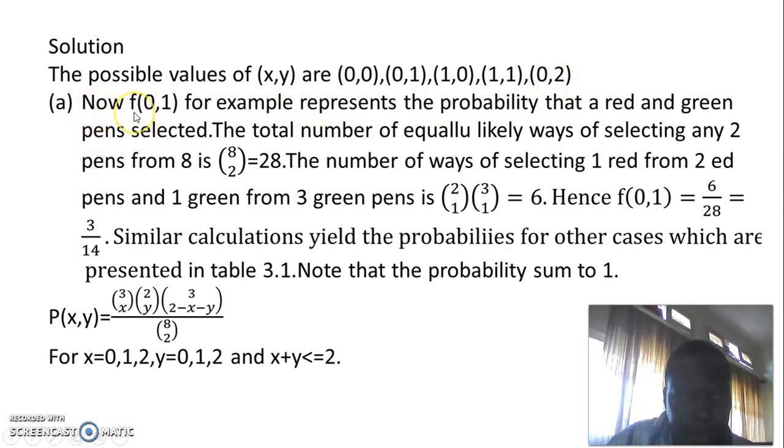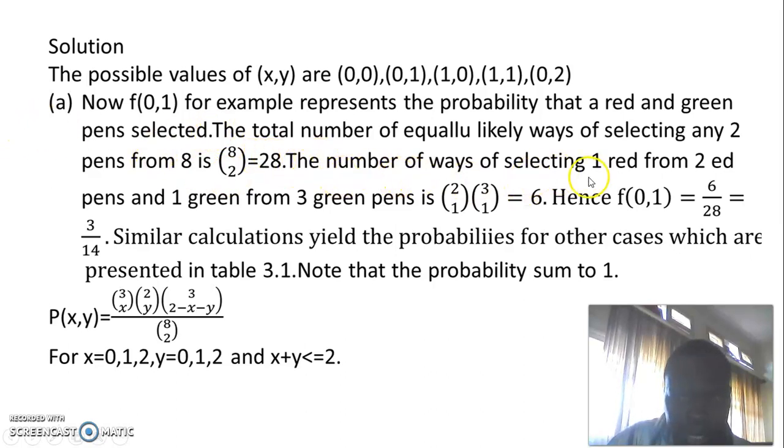Now, f of (0,1), for example, represents the probability that a red and a green pen are selected. The total number of equally likely ways of selecting any two pens from 8 is 8 combination 2, which is equal to 28.